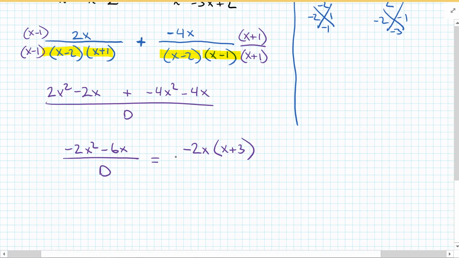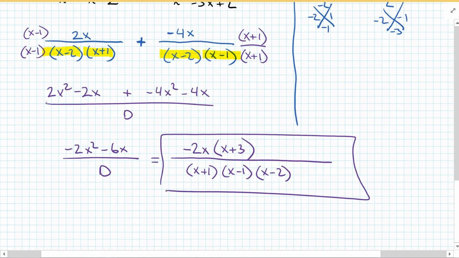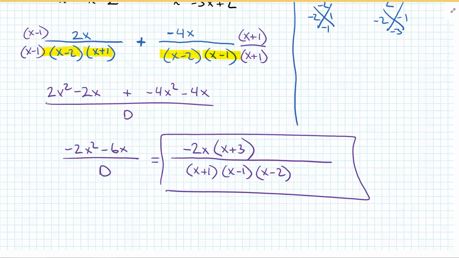Okay, so now all that is going to be over x plus 1 times x minus 1 times x minus 2. There's nothing more I can simplify. It didn't say state the restrictions or anything like that, so there we go. Negative 2x times (x plus 3) over (x plus 1)(x minus 1)(x minus 2).